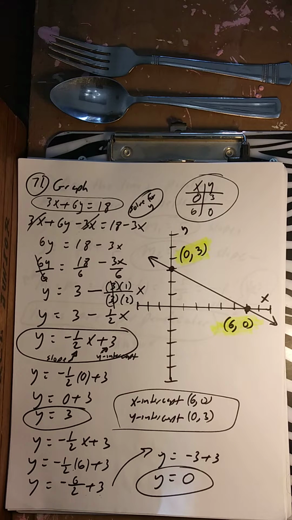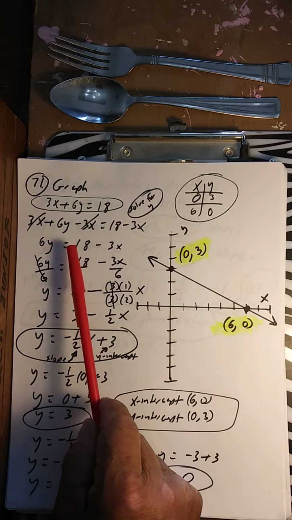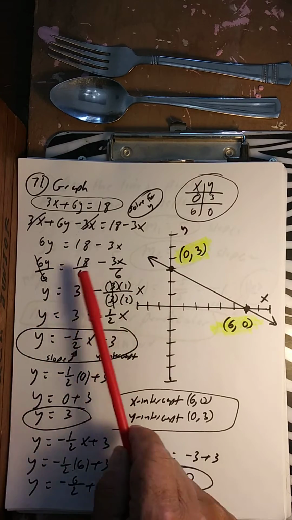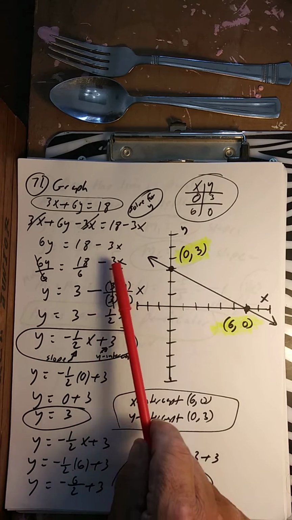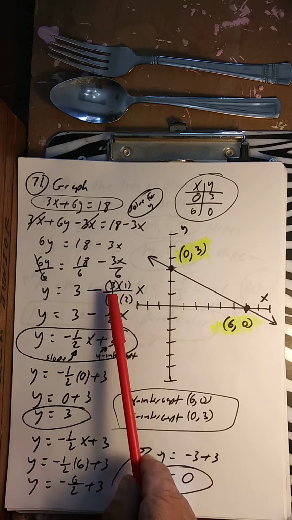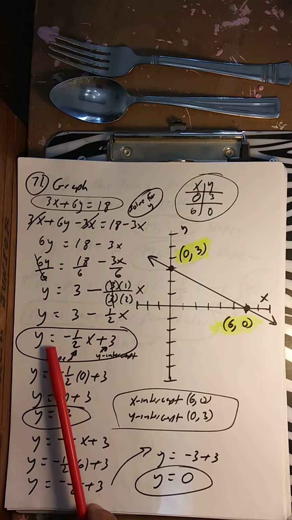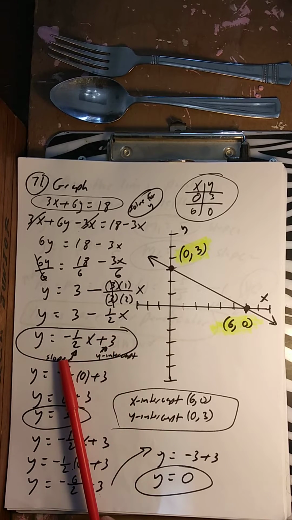This one, graph this. I'm going to solve for y. That's one way to do it. So let's solve for y. So minus 3x on both sides, 6y equals this. Divide by 6, by 6, by 6. So these are gone. And this is 3. And then this is 3 times 1, 3 times 2 right here. So this will cancel. So now you have y equals 3 minus 1/2 x. Or y equals -1/2 x plus 3. Slope, intercept.